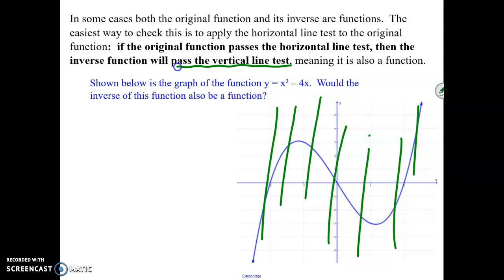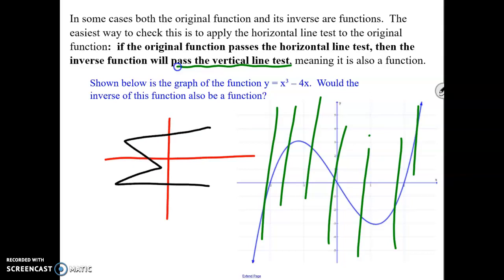So to pass the vertical line test, anytime you draw a vertical line, it'll only hit your graph once. So just for a non-example, if you had a shape like this, and you drew a vertical line, it would hit more than once, so that would not be a function. So to be a function, a vertical line can only hit at one spot.